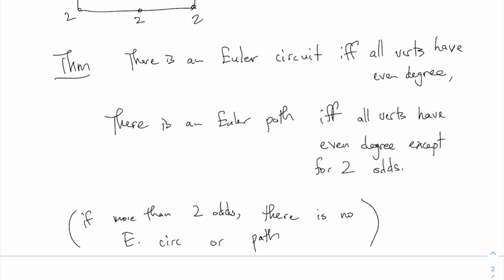My degree just happens to be however many other people there are in the building. And I suppose it's a 50-50 chance if that's even or not. So if there are an even number of other people in this building, then there would be an Euler circuit, and otherwise there wouldn't. And I think it's not possible to be a path in this case because in our building everybody would have the same degree, so it's not possible to have two odds and the rest be even because we all have the same degree.